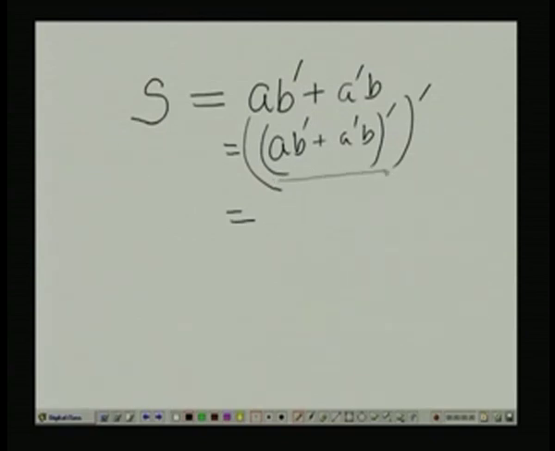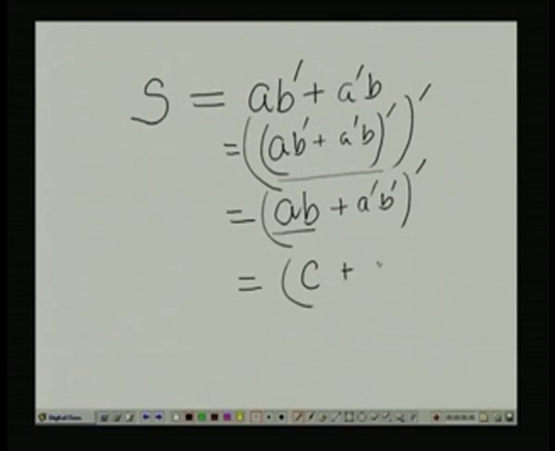If I compute this, it is nothing but XNOR, and we know that a 2 input XNOR is A B plus A dash B dash, the complement of that. Now, see this A B is my C, the carry, and this is A dash B dash, and the complement of that.